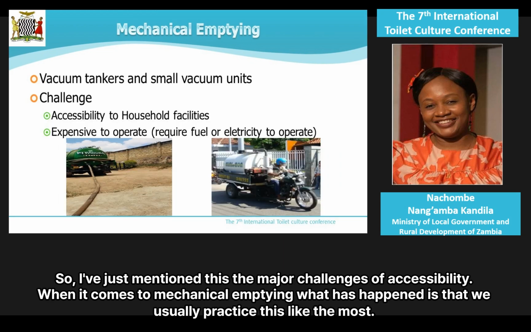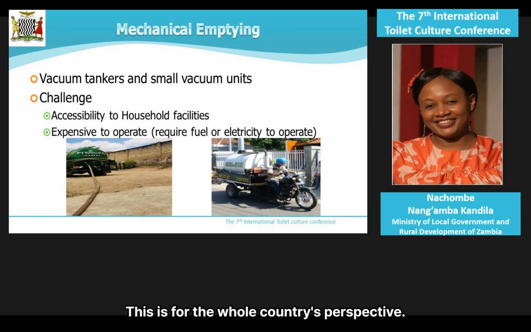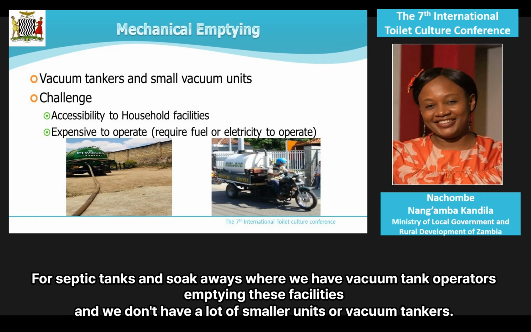So I've just mentioned the major challenges, accessibility. When it comes to mechanical emptying, we usually practice this, for the whole country's perspective, for septic tanks and soakaways, where we have vacuum tank operators emptying these facilities.